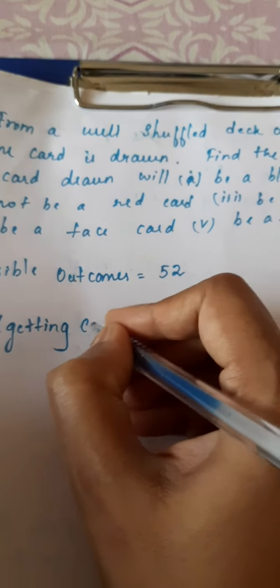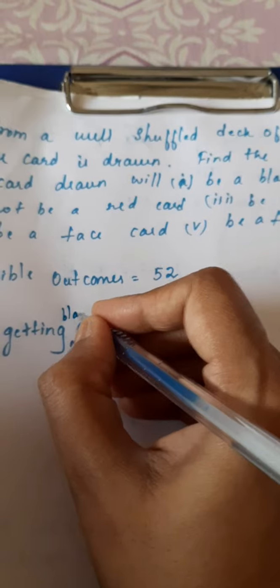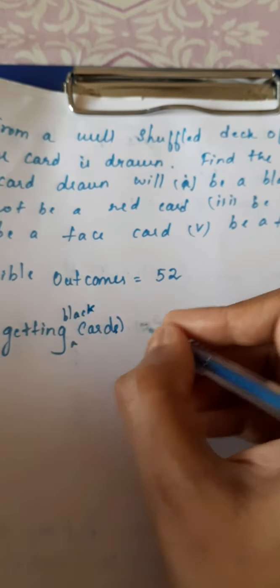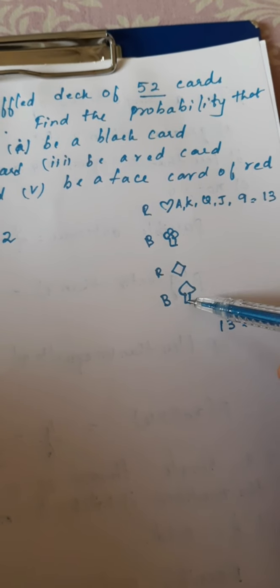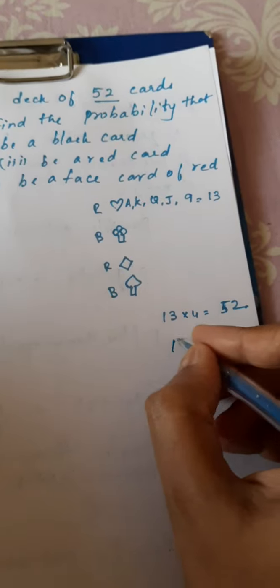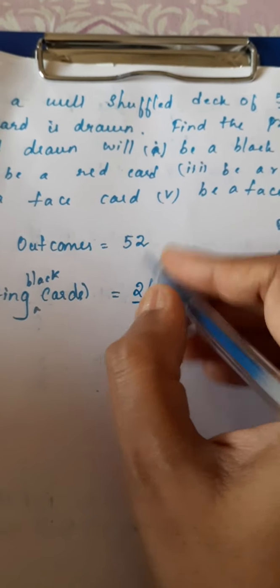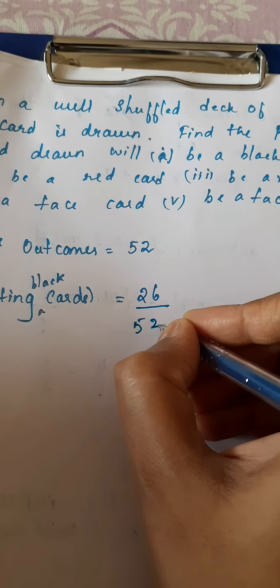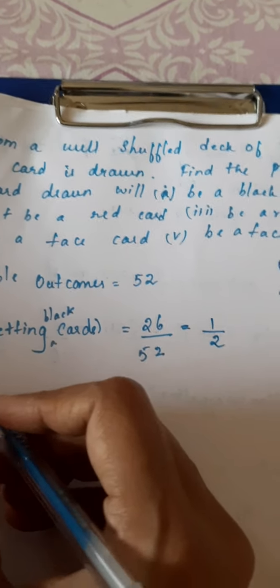So the probability of getting black cards is going to be clover and spade together. So 13 two times, that is 26. So that is 26 by 52, which on further simplifying you get 1 by 2.